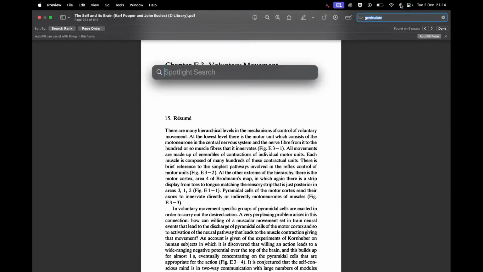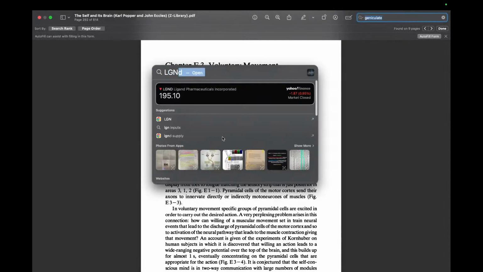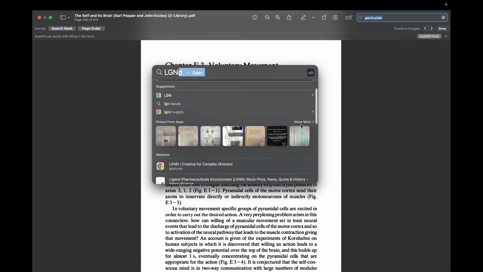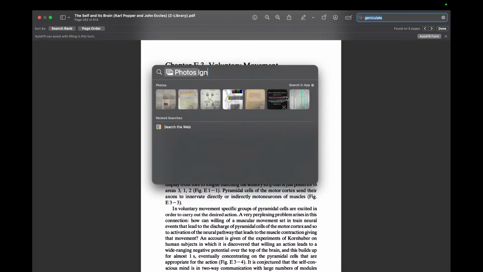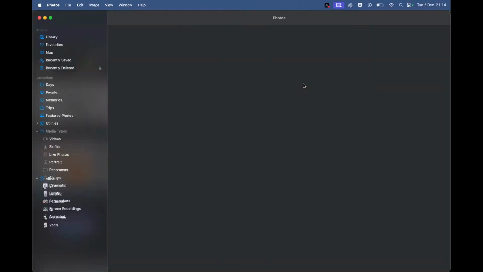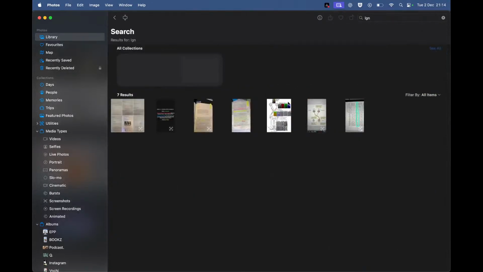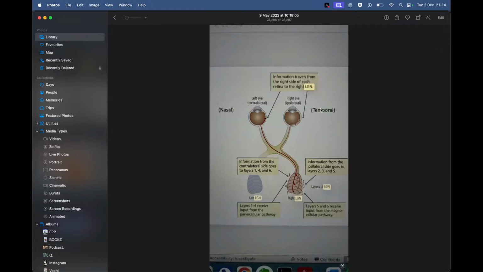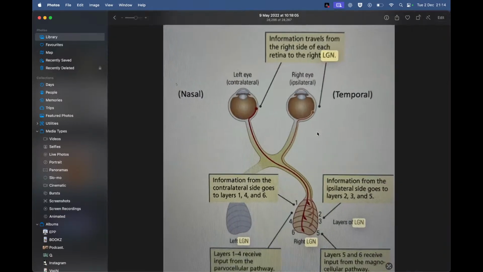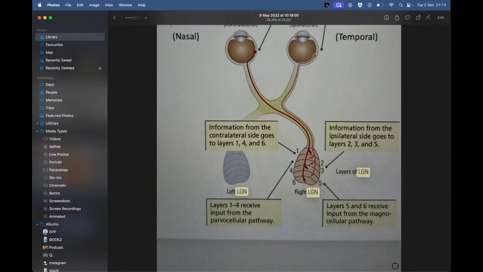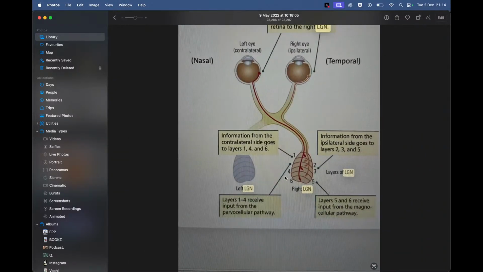I think I have a picture here. LGN. Oh yeah, here we go. So this is a picture of the LGN. So you have the right one and left one.